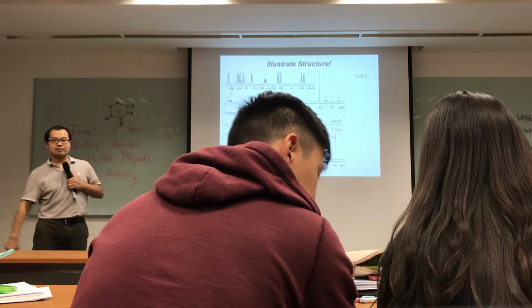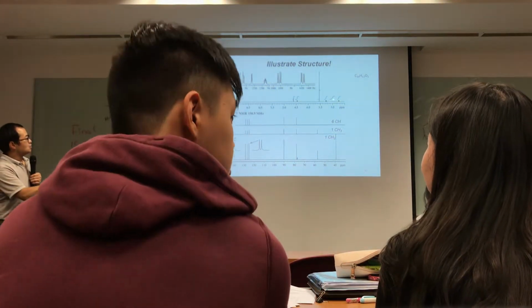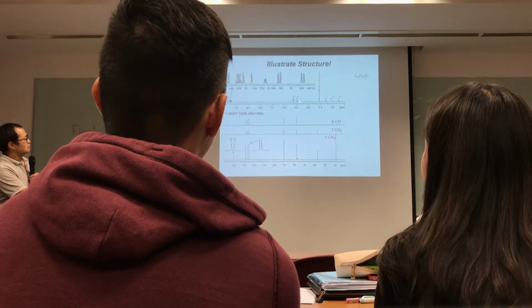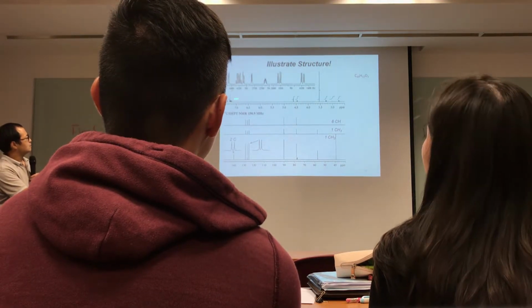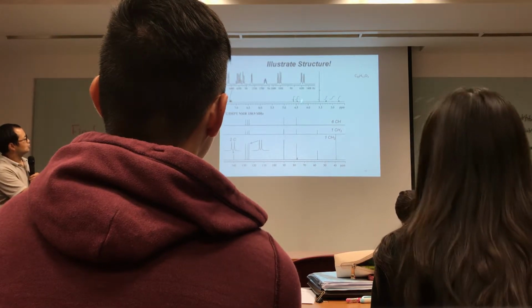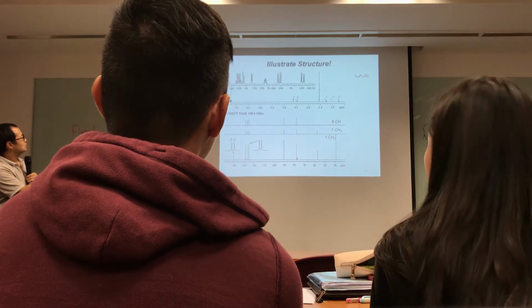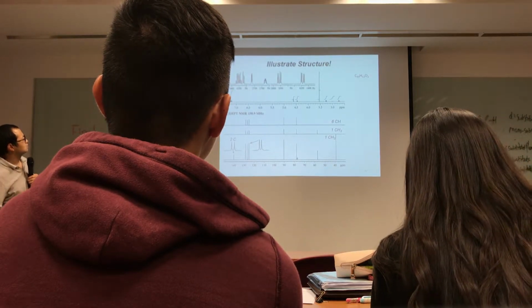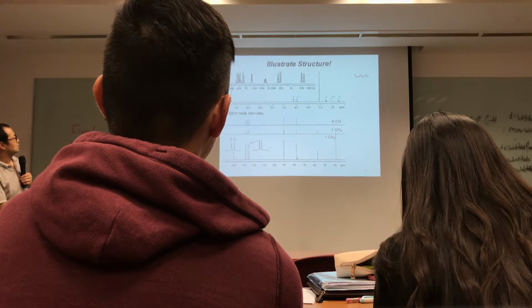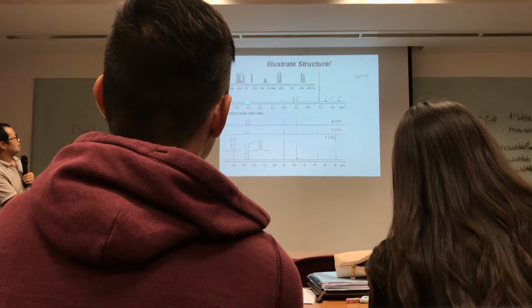It matches. Now for protons you can see 1, 2, 3, 4, 5, 6. 1, 2, 3, 4, 5, 6. 6 here you have 4. You have 3. 1, 2, 3, 4, 5, 6.